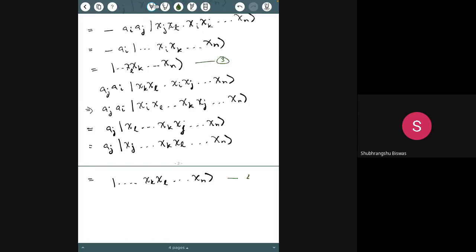Okay, now let's look at 3 and 4. So you see that chi l and chi k are interchanged in 3 and 4. Therefore, they are related by a negative sign.